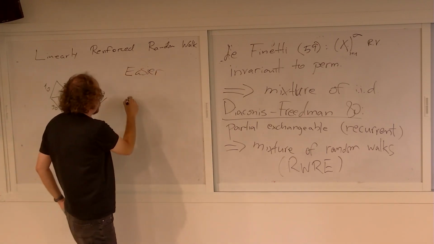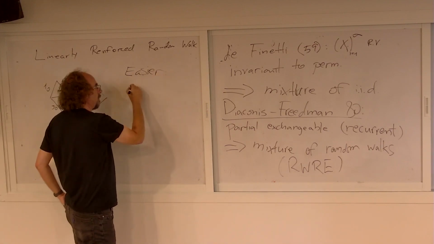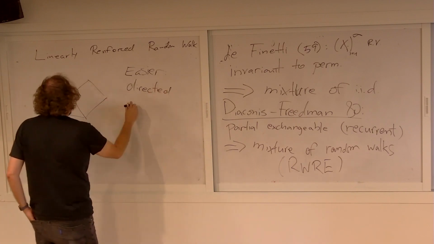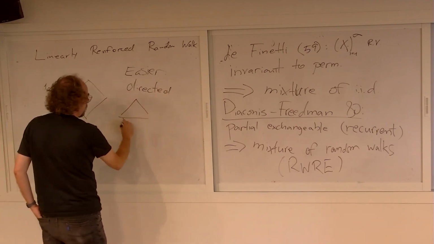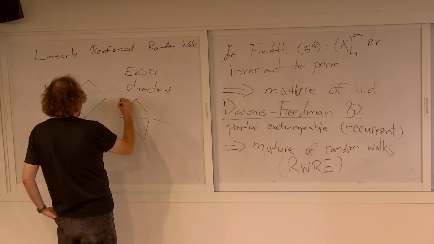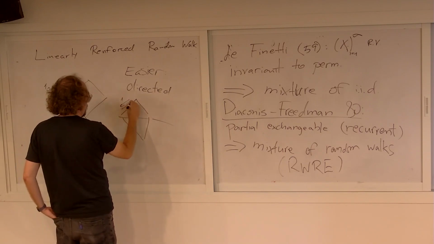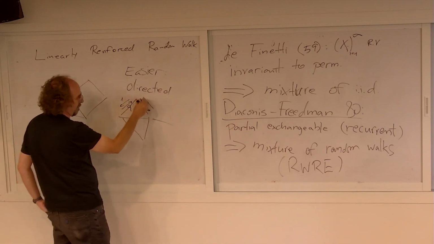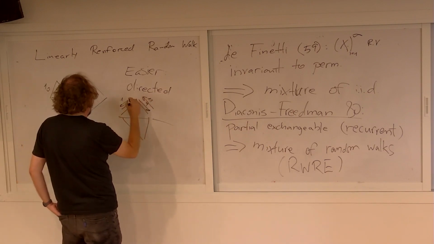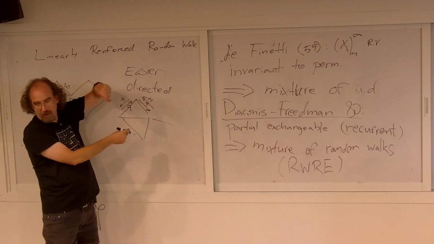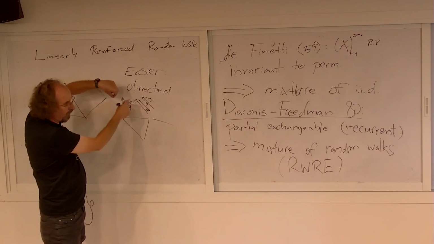Let's do it directed. Suppose somebody tells you that you traversed in this direction 1 time, and in this direction 9 times, in this direction 9 times, and now they have to satisfy some kind of regularity.